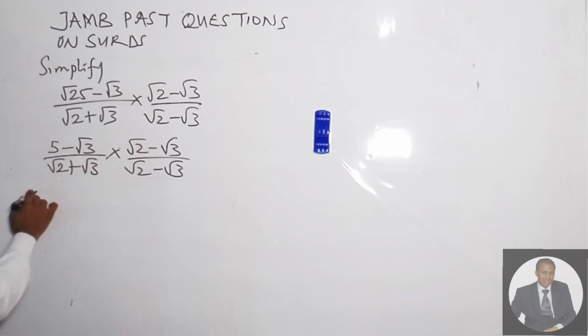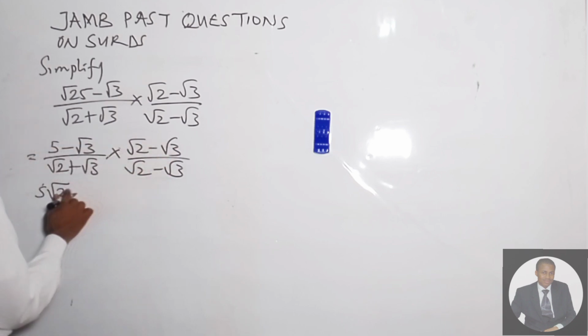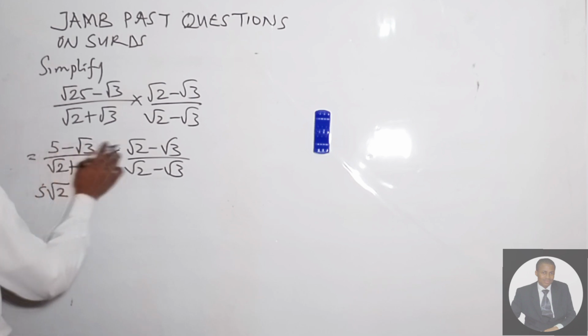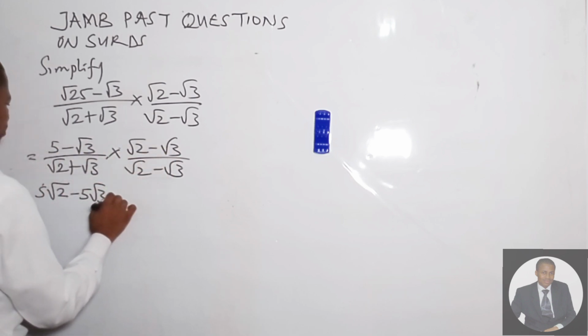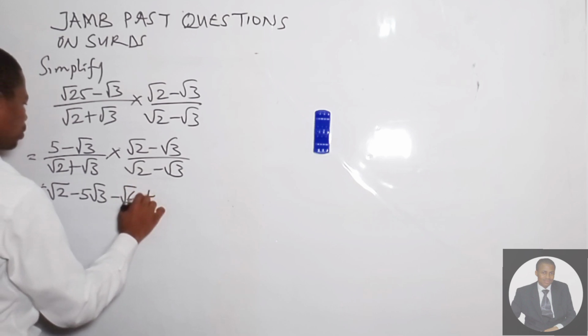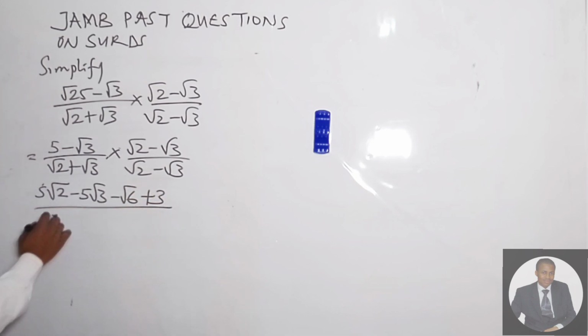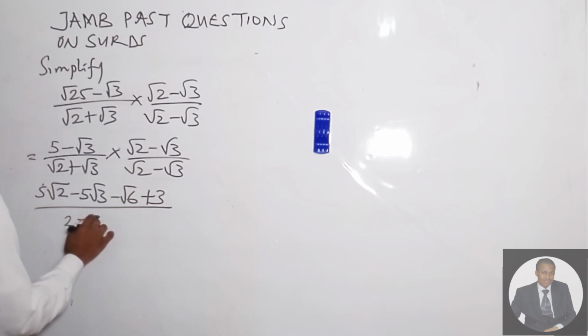So 5 times root 2, that's 5 root 2. 5 times minus root 3, that's minus 5 root 3. Then we have minus root 6 plus 3 over 2 minus 3. Because these are conjugates. So it's like saying difference of 2 squares. So what do we have here?